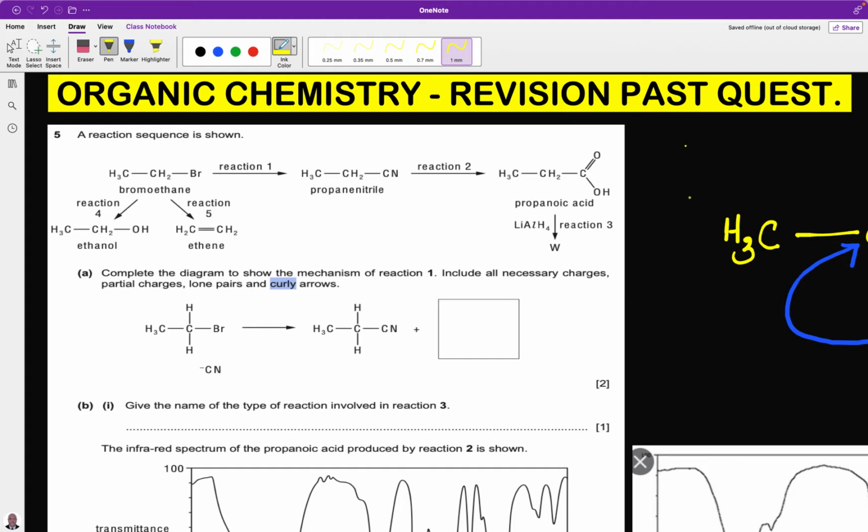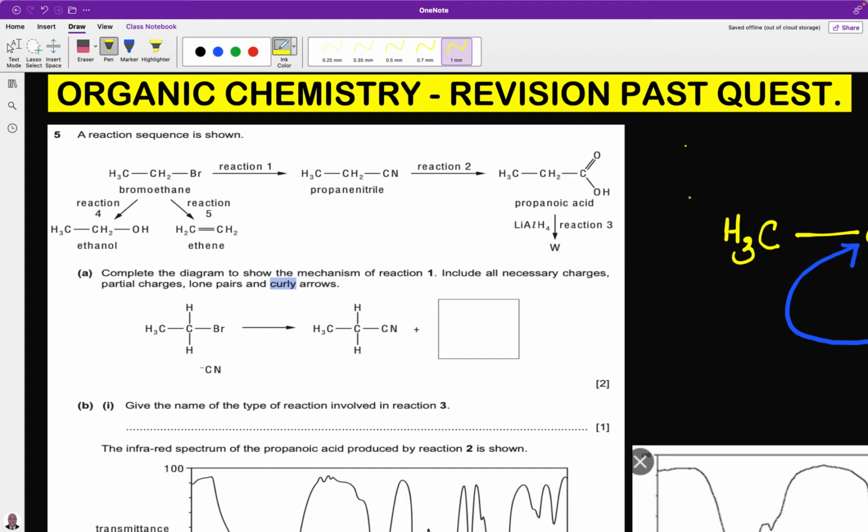Yes, you have seen it. This is the question. The first thing that comes to your mind: this is a halogenoalkane. This bromoethane is a halogenoalkane.